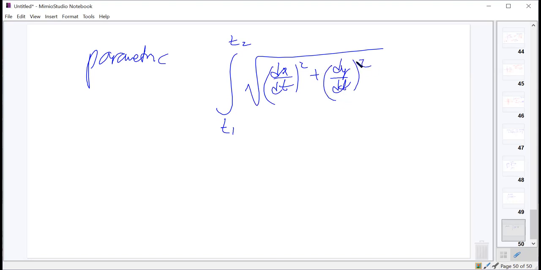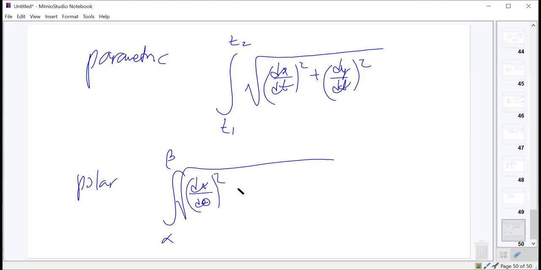And then for polar, it's the same, except it's dx d theta and dy d theta, and you're going from alpha to beta. So that should be pretty easy if they give you those to find the arc length. And if you think about it in terms of vectors, this is the magnitude, right, of your vector.